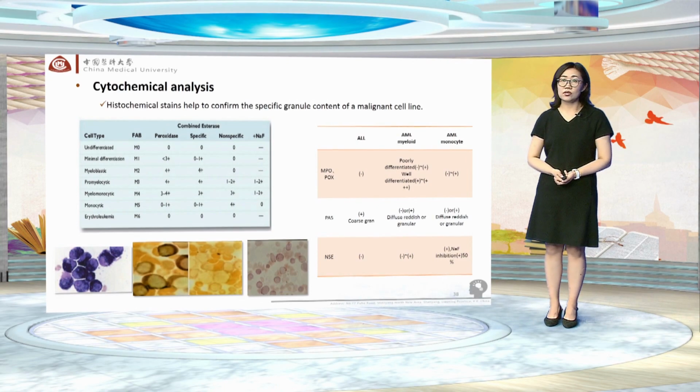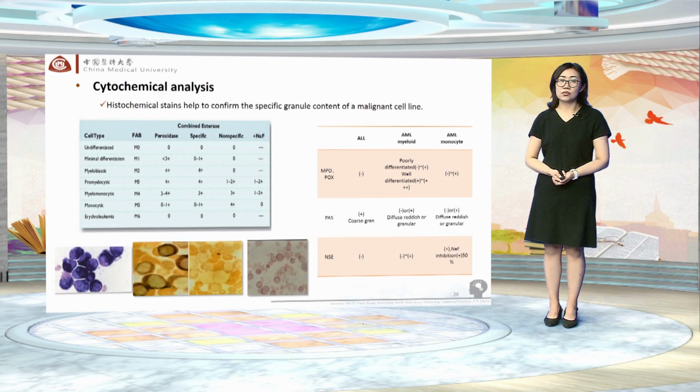The latter reagent gives a reddish-brown reaction product, whereas the benzidine reagent produces a bluish-black product. Myeloperoxidase is abundant in nearly all mature and immature myeloid cells, such as M2, M3, M4, and is also present in monocytes, M5, to a small extent.